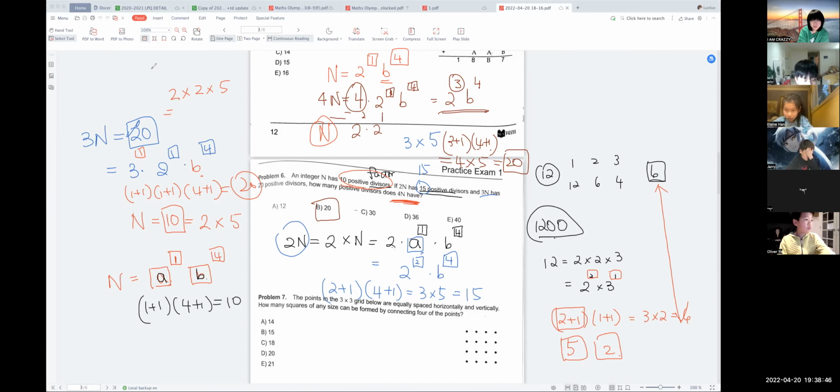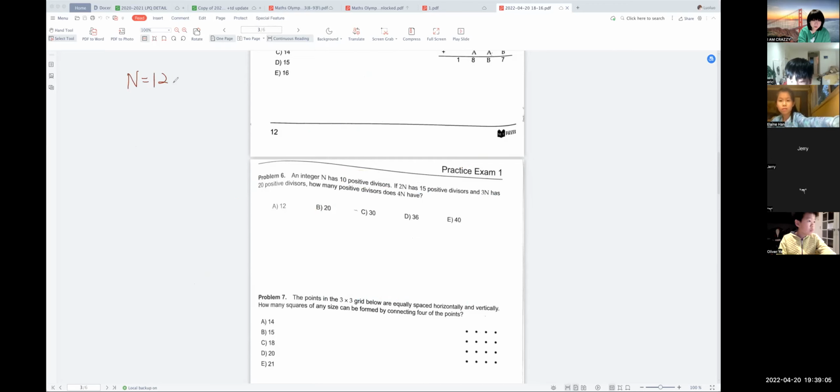So for instance, if I make n equal, so n in this question equals 1250. So 3n equals 3750 and 4n equals 5000.